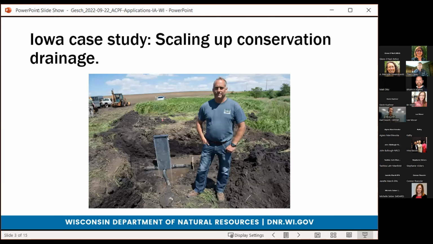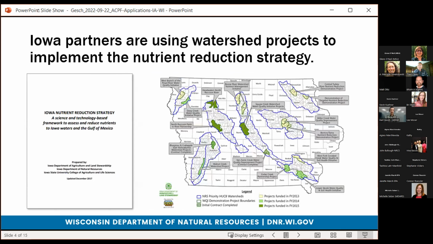Diving into an Iowa example, Iowa is doing a lot of work to scale up conservation drainage practices. So think of conservation practices specifically designed to reduce nitrate loads in subsurface tile drainage. It's part of Iowa's nutrient reduction strategy, and it's been a priority since that state released their nutrient reduction strategy in 2013.